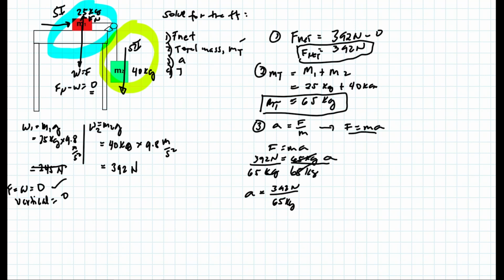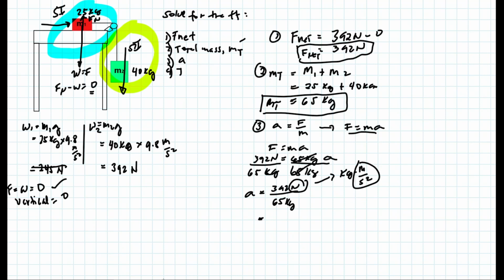Keep in mind that acceleration has a unit of meter per second squared. Where can we get the meter per second squared? It's basically from newton, because we all know that 1 newton is equivalent to kilogram meter per second squared. So the kilogram can be cancelled, and what will be left is meter per second squared.